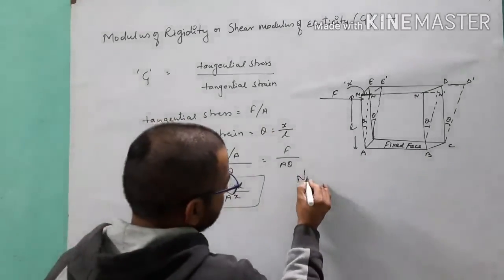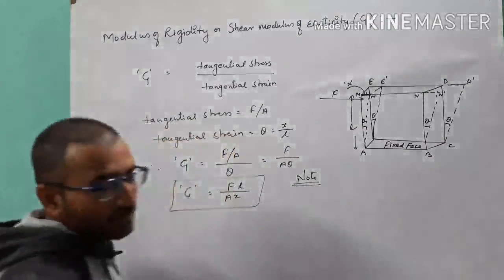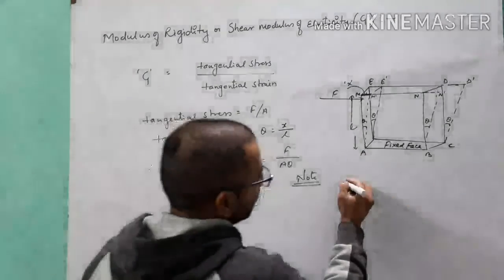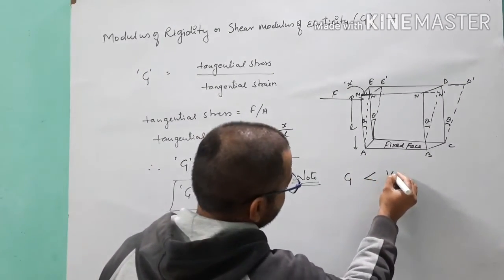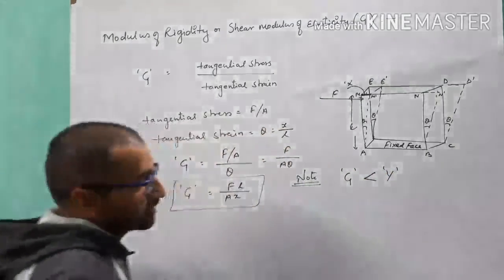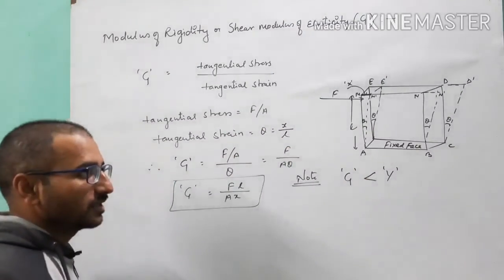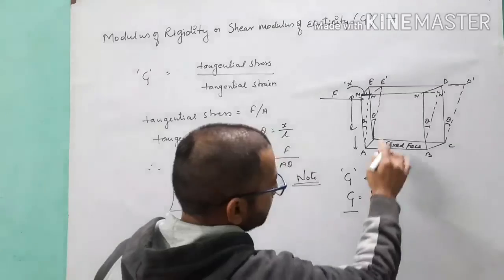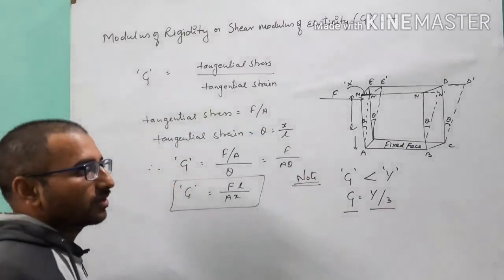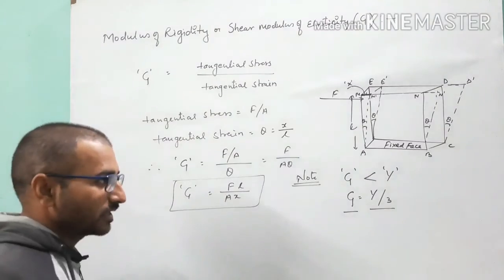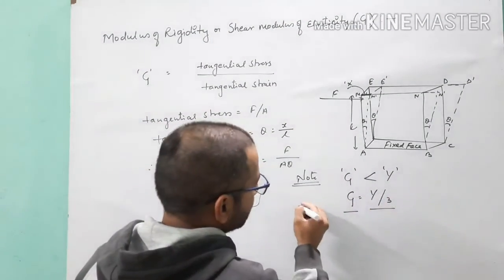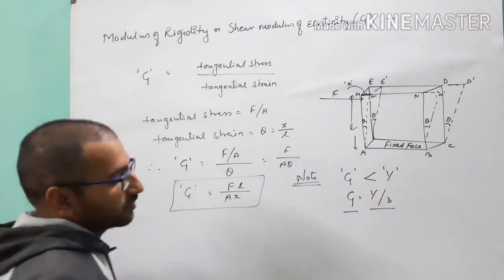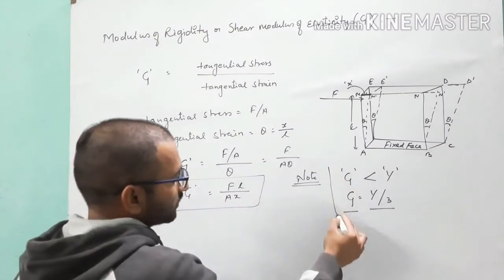Basically, the modulus of rigidity is applicable for solids, and its value is less than Young's modulus of elasticity. For the same solid body it is 1/3 of Young's modulus of elasticity. This is the relation between the modulus of rigidity and Young's modulus of elasticity. So remember all the points in front of you.